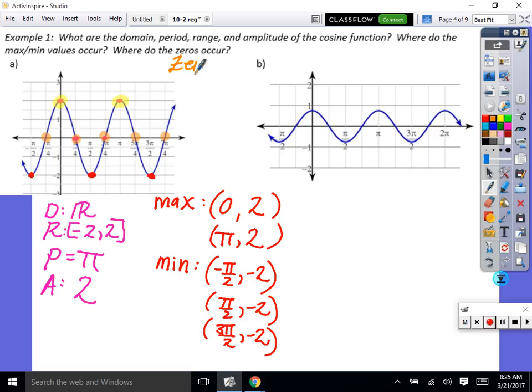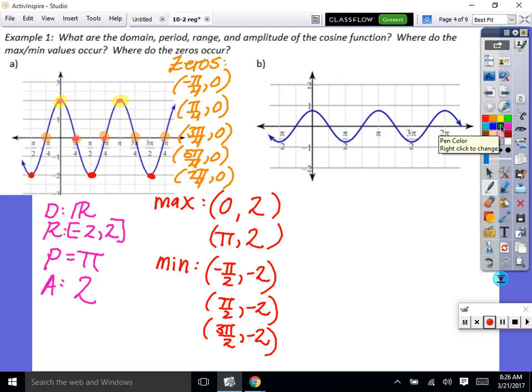So zeros happen at -pi/4, 0; pi/4, 0; 3pi/4, 0; 5pi/4, 0; and 7pi/4, 0. Just where it crosses the x-axis. We know that that's what zeros mean for all functions. And then looks like we've answered everything. We could write the equation for cosine, but it doesn't ask us to, so we won't, I guess.